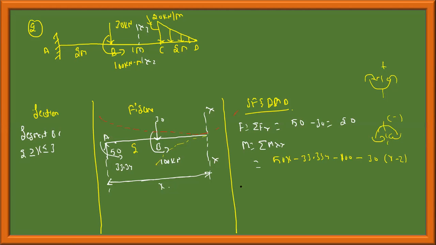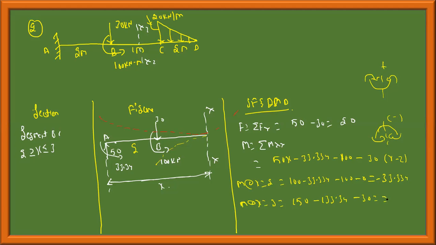Tell me the moment at x is equal to 2, which is equal to 100 minus 33.334 minus 100, minus 0, which is equal to minus 33.334. Moment at x is equal to 3 is equal to 150 minus 33.34 minus 100 minus 30.